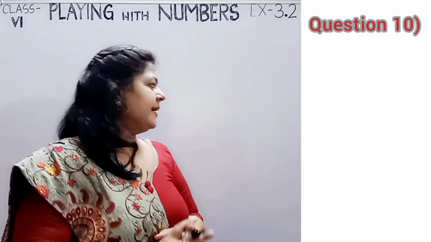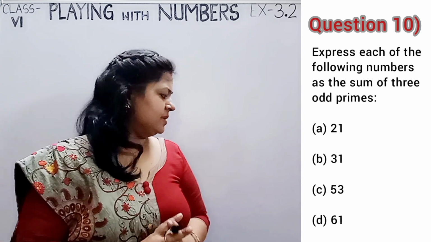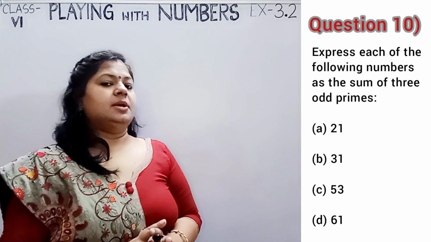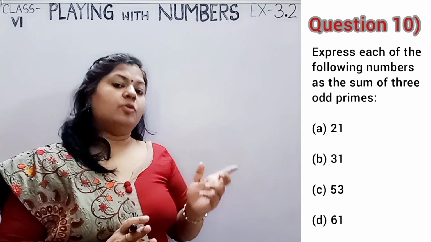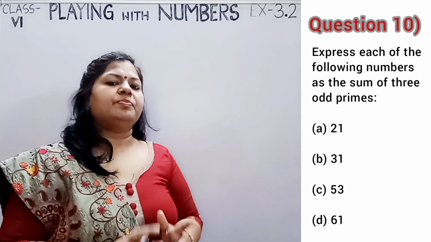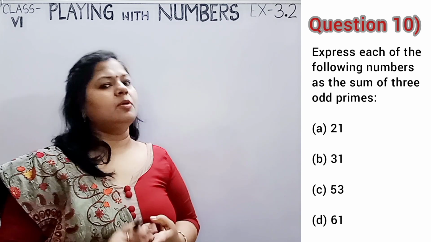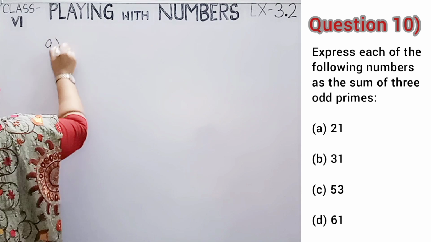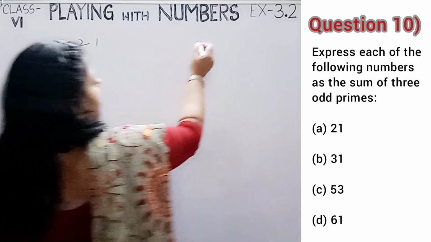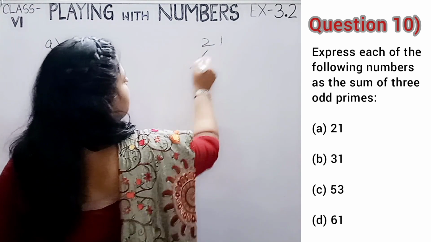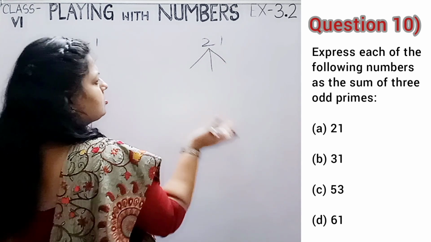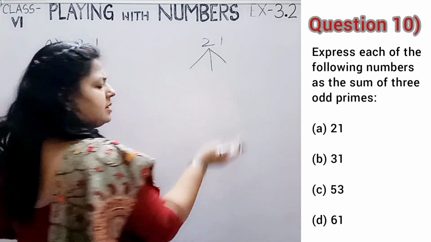Question number 10. Express each of the following numbers as the sum of 3 odd primes. So the condition is that when we break the number, the parts should be prime numbers and odd numbers also. So A part is 21. Here I am breaking 21 into 3 parts, and the numbers should be prime and odd.